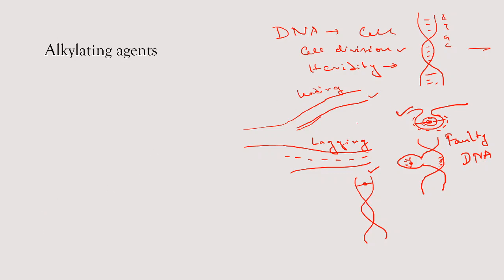Anyway, about what I have written here, any cell will contain this DNA. Now DNA has two major important functions. One is cell division and the other is heredity. The concept of heredity is not as important here as cell division. Now we know that DNA is basically a double helical strand, and these strands are made up of different types of nucleotides.